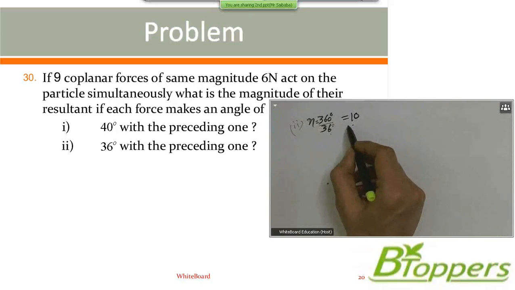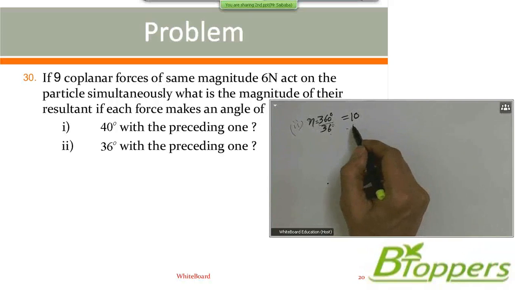That means if you have 10 forces of same magnitude acting in the same plane, such that second force makes 36 degrees with the first force, and third force makes 36 degrees with the second force, and so on, each force making an angle of 36 degrees with the previous one, then magnitude of the resultant will be 0, as the 10 forces can be graphically represented along the sides of a closed polygon, all taken in same order.